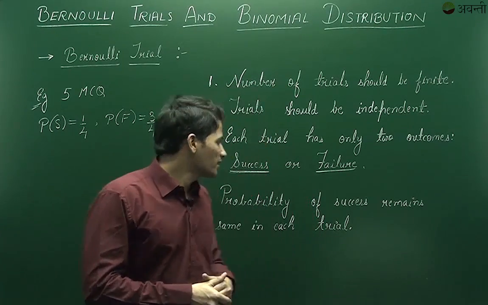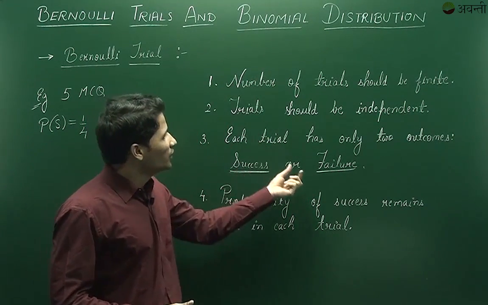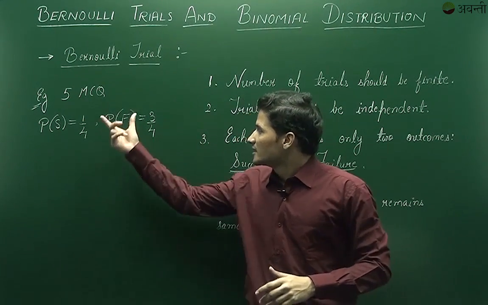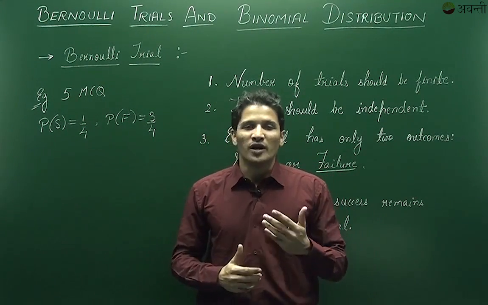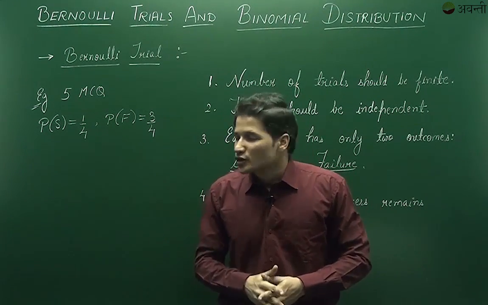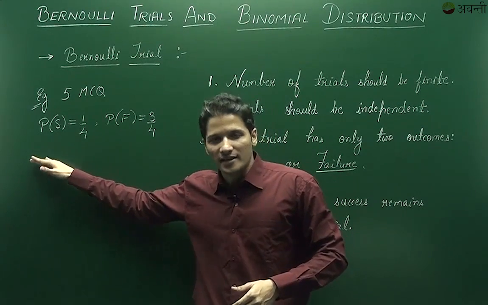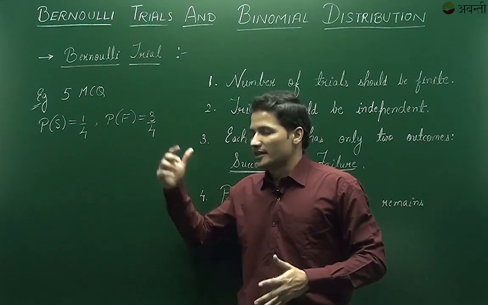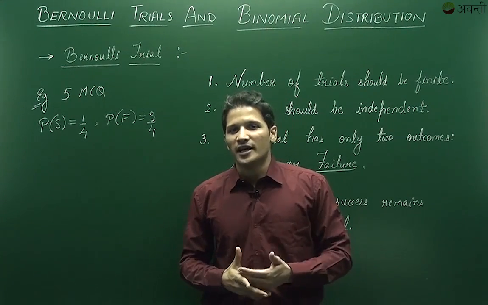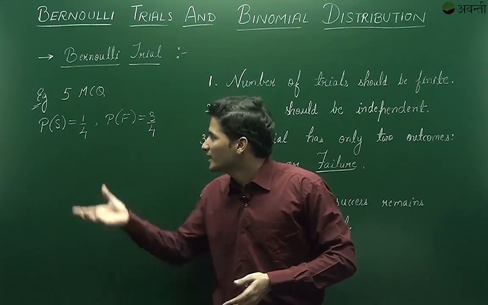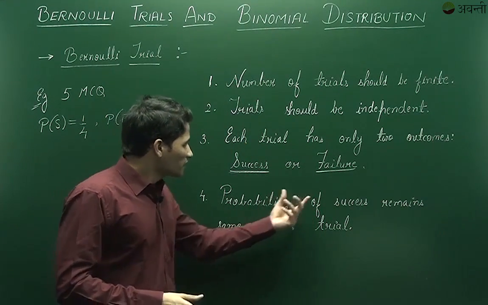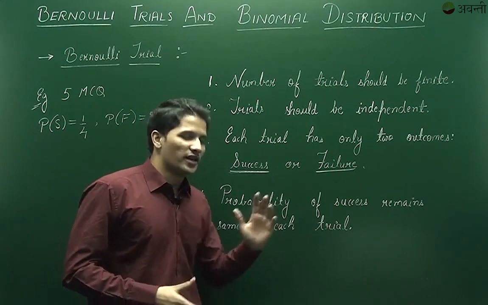The third condition says each trial has only 2 outcomes, either success or failure. In this case each question has only 2 possible results, either a correct answer or an incorrect answer. Our success is getting a correct answer and failure is getting an incorrect answer. Hence the third condition is also satisfied. The fourth condition says the probability of success remains the same in each trial.